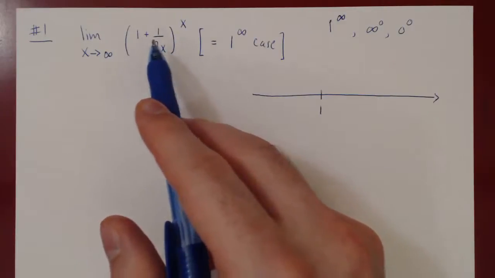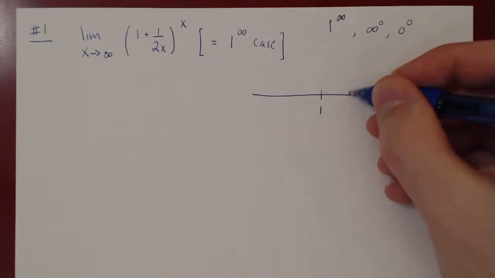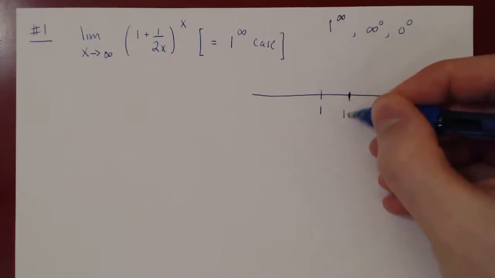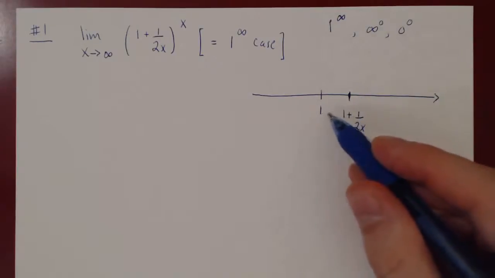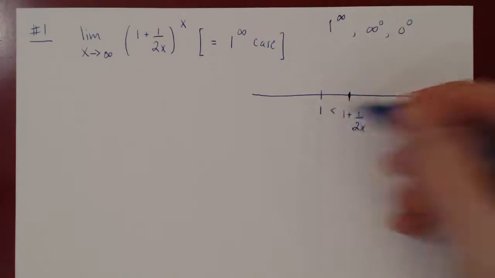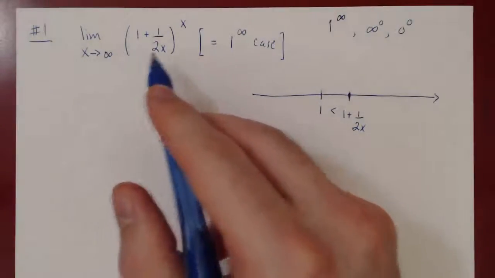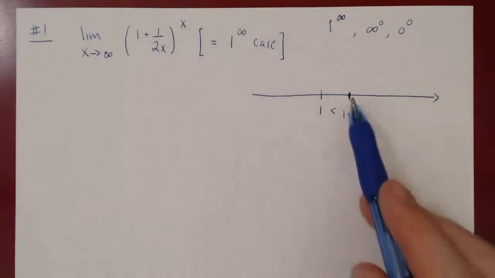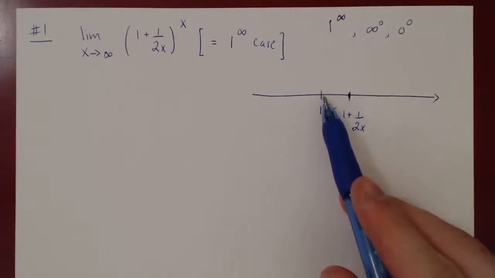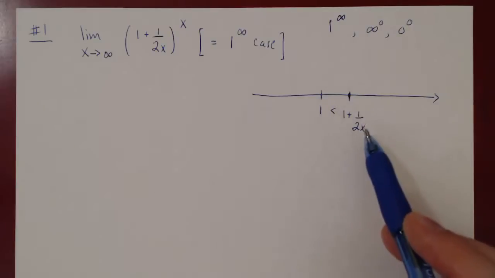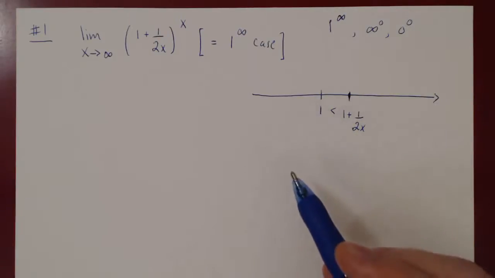So you'll have 1 plus a very small number. So I'll exaggerate here, but your base, 1 plus 1 over 2x, is always strictly bigger than 1. Always. As x approaches infinity, 1 over 2x shrinks to 0. So this point will get closer and closer to 1, but it will, for any positive value of x, always be strictly bigger than 1.